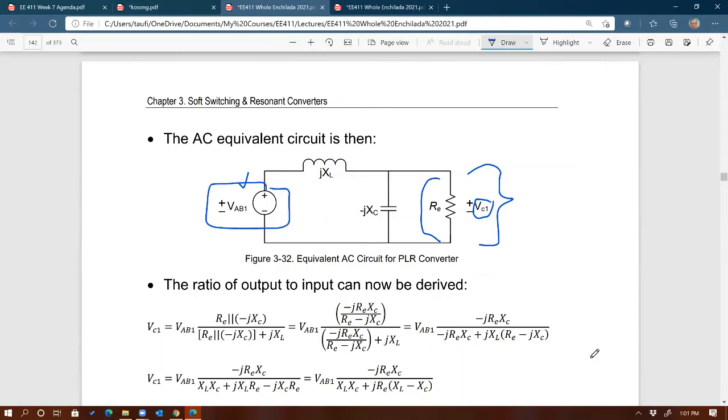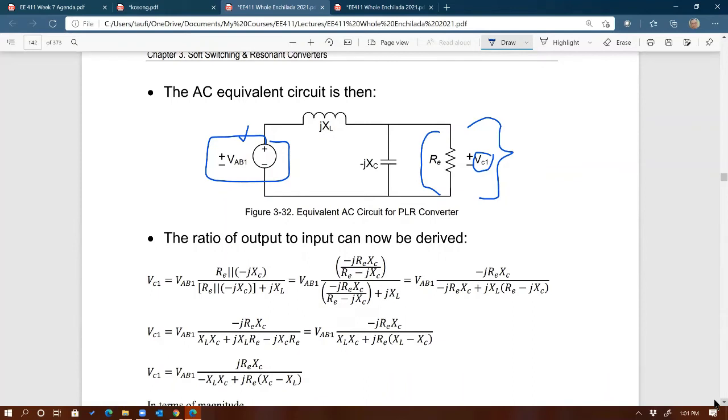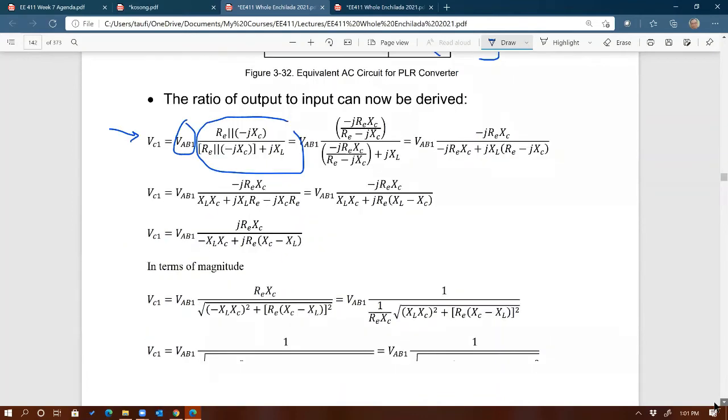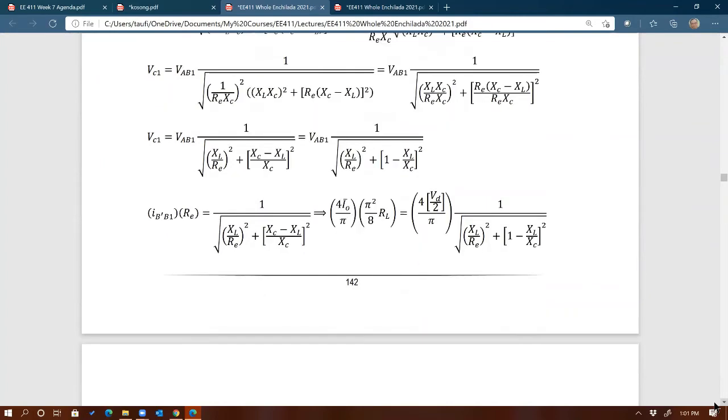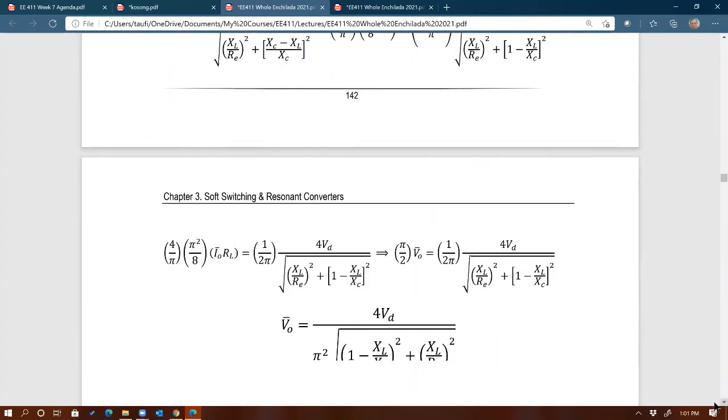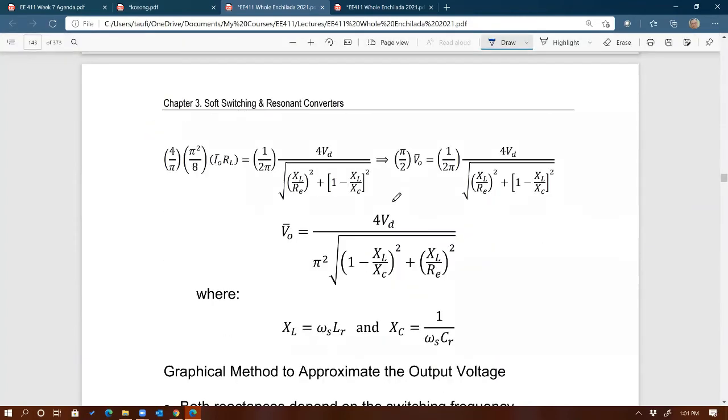That's how I derived the output voltage equation right here. That VC1 is going to be a fraction of VAB1. It's going to be long algebra because you have a parallel combination in series with the L. It's a long derivation, I remember deriving this. And at the end you get this equation right there.